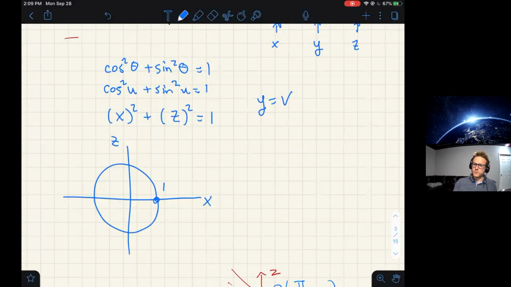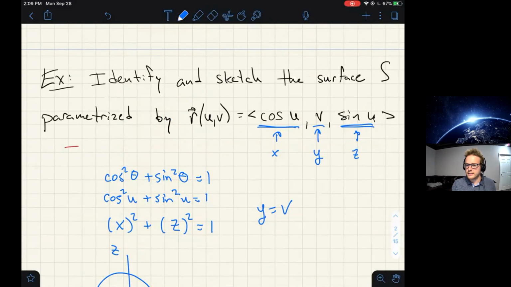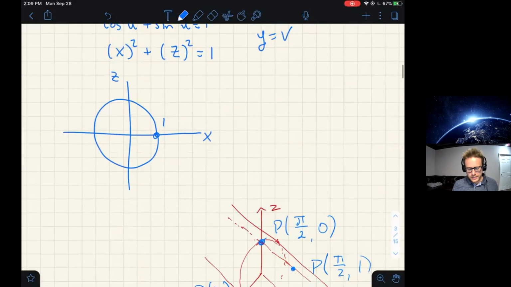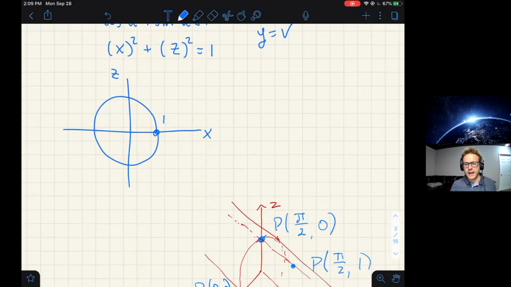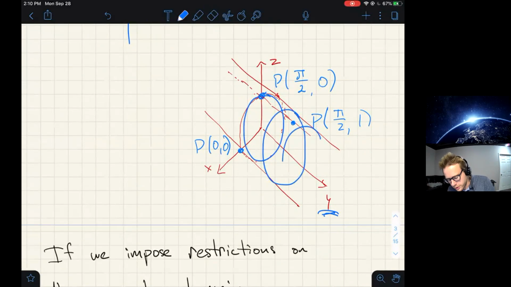And then y has really nothing to do with this. Y doesn't have any u's. It's not tied to these equations. U and v are independent from one another. And so y can just be whatever it wants. Y can be 1 or 5 or 100 or anything like that. So if I include a y-axis, kind of like we have here, it's just copies of the circle, whether it be at y equals 0 or y equals 1 or y equals 2.